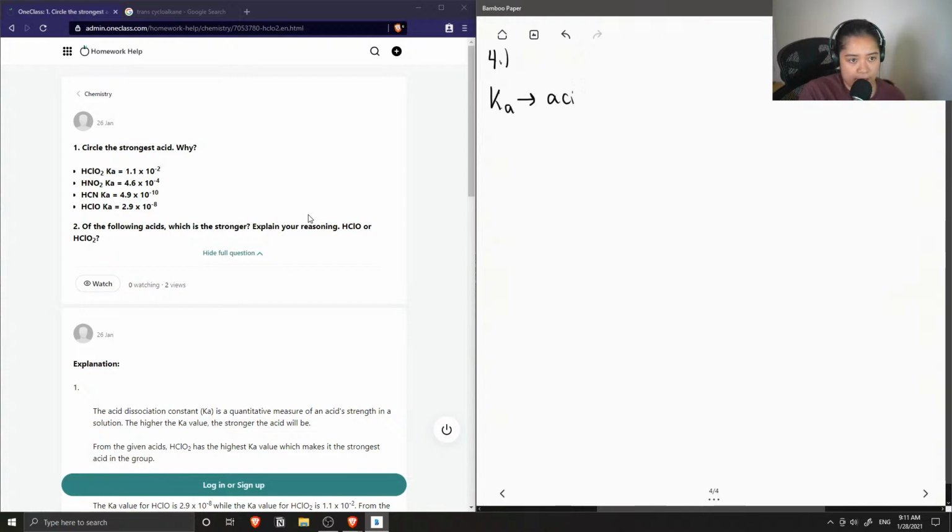Ka is the acid dissociation constant. And basically, it measures an acid's strength and how well it is able to donate a proton.